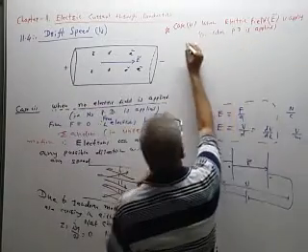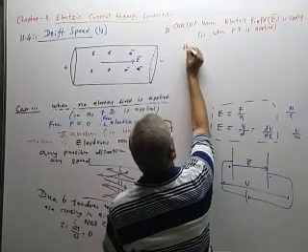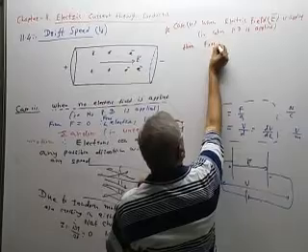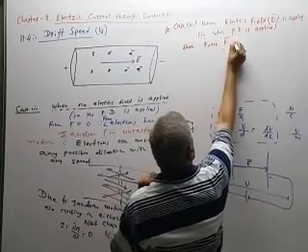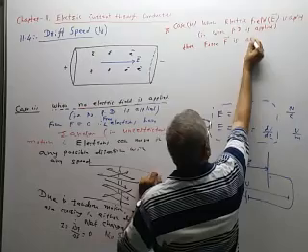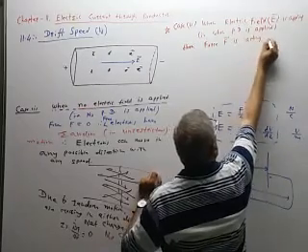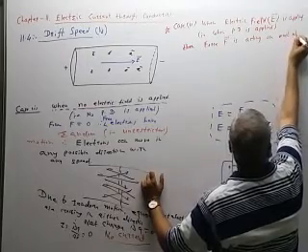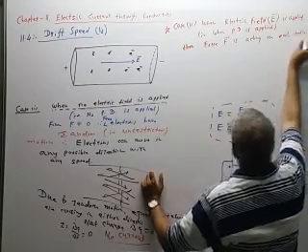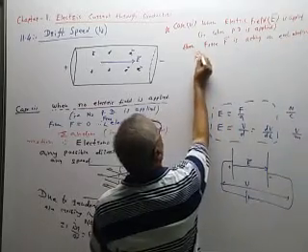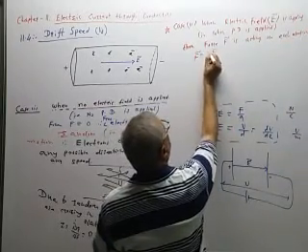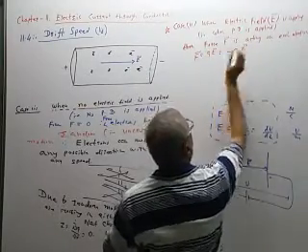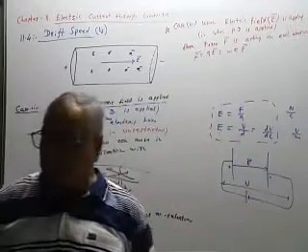So when an electric field is applied, a force F is acting on each electron. It is given by F equal to electric field intensity E multiplied by Q. The charge of the electron is minus e, so F is equal to minus eE.